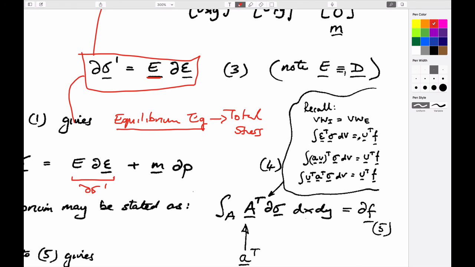But the strains are everywhere throughout here, and so at each point there'll be some magnitude of an applied strain multiplied by the stress that's already applied. It goes through the strain because it's deforming and it has a stress already applied. So there's a piece of virtual work done at each individual portion of this. It's not discrete, but if we integrate it over the total volume, then it comes up with the total sum of all the internal virtual work that we have. So that's the statement for this.